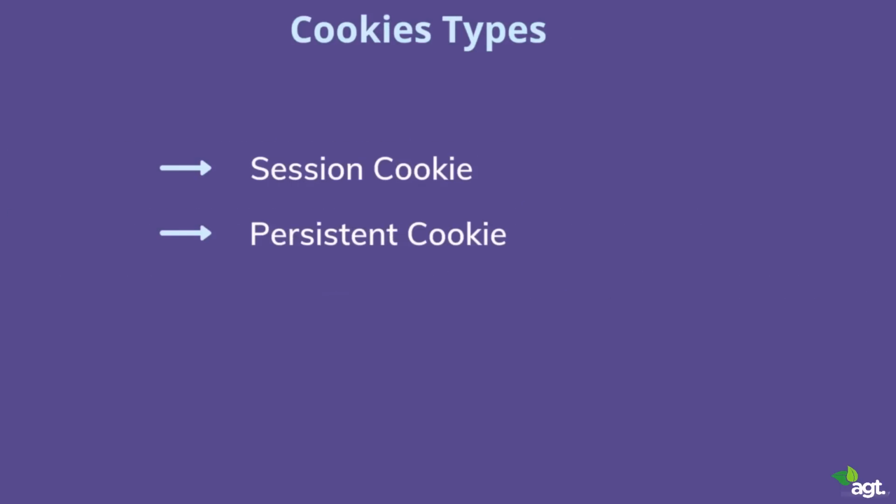Here we have two types of cookies, the session cookie and the persistent cookie. A session cookie is something which doesn't have a lifetime, meaning as soon as you start communicating with the web application, your cookie will be generated and will work only for that specific session.